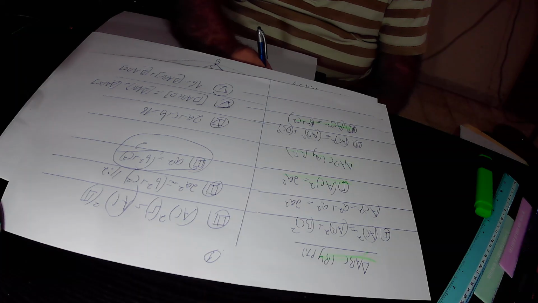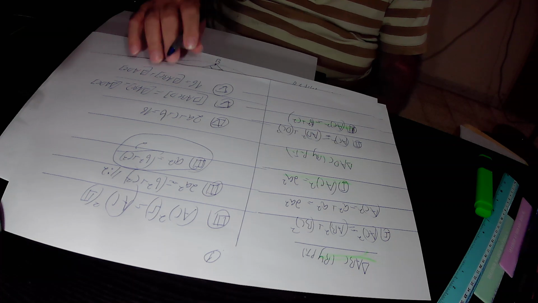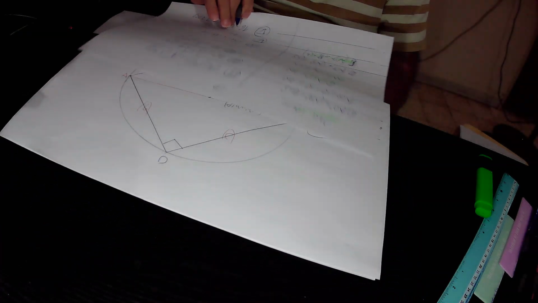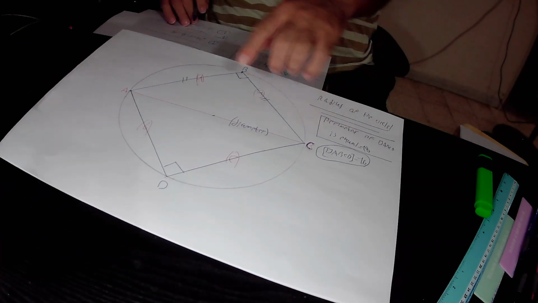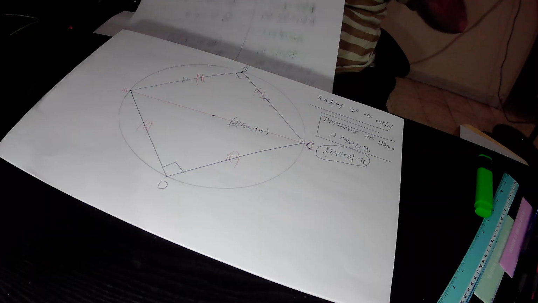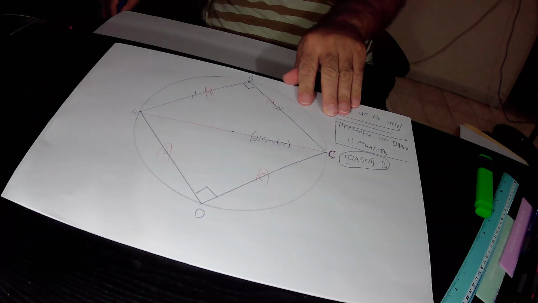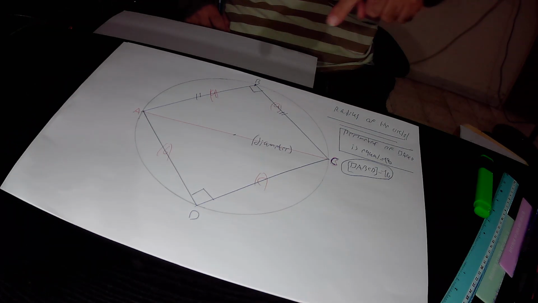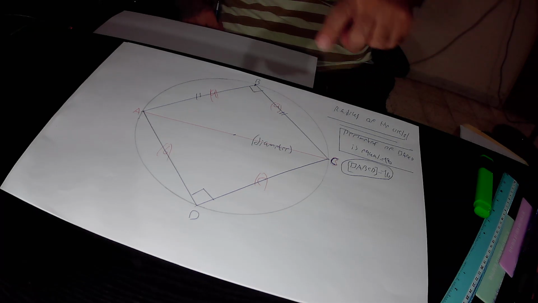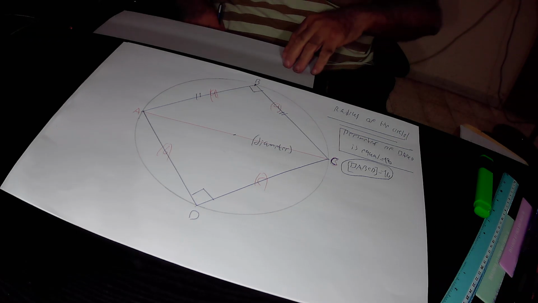What is the area of this right triangle ABC? The area of the right triangle ABC must be equal to the base AB times the height BC over 2. AB is A, BC is also A, divided by 2. So it is A times A over 2, that is A squared over 2.